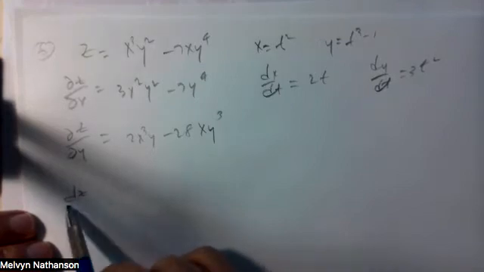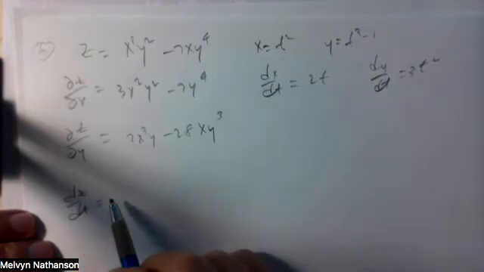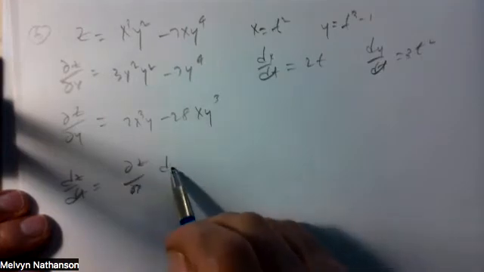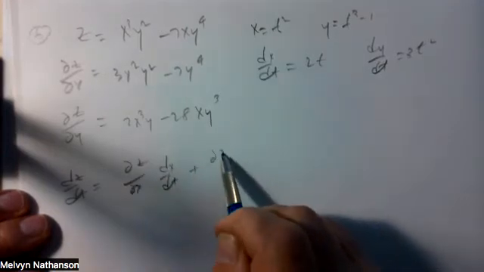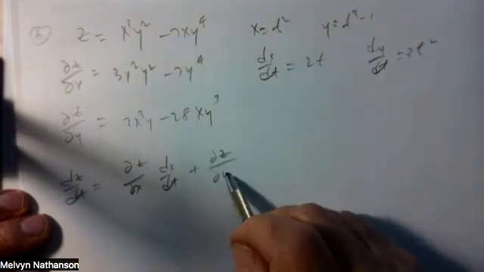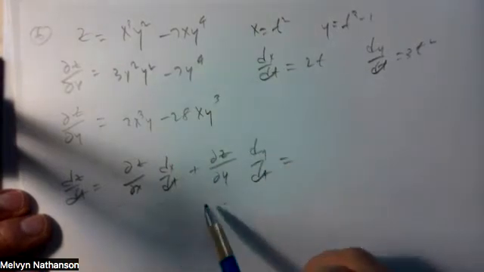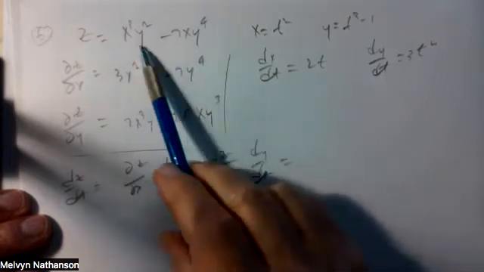And what is dz dt? dz dt is the partial of z with respect to x dx dt plus the partial of z with respect to y dy dt. And I've just calculated these 4 derivatives.